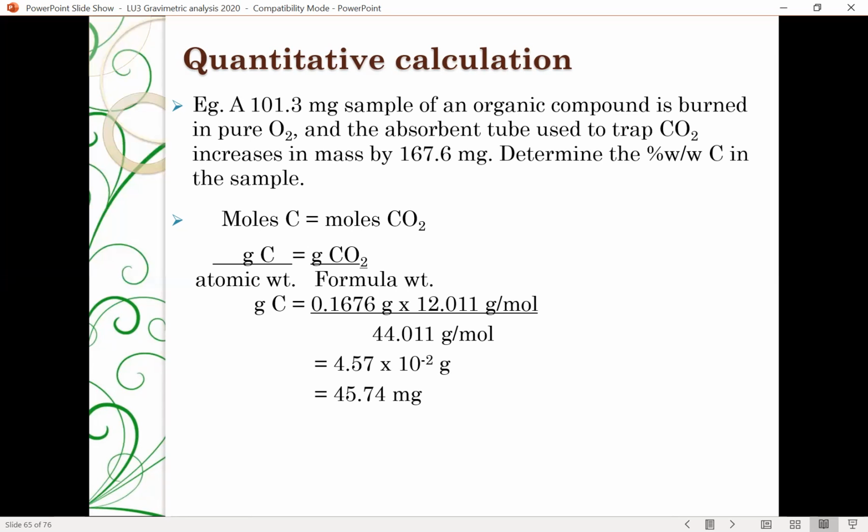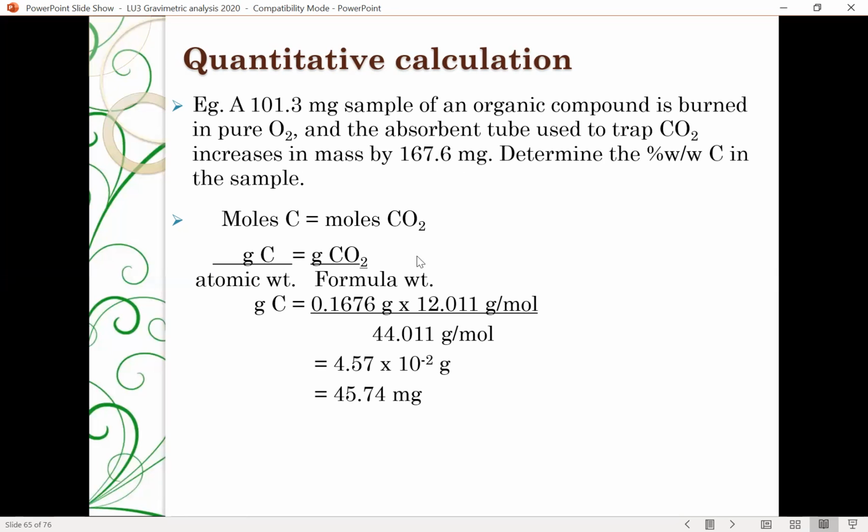If you look at the question, it shows that the increase in mass of the adsorbent tube used is 167.6 milligram, meaning that this is the mass of CO2 trapped in the adsorbent tube.